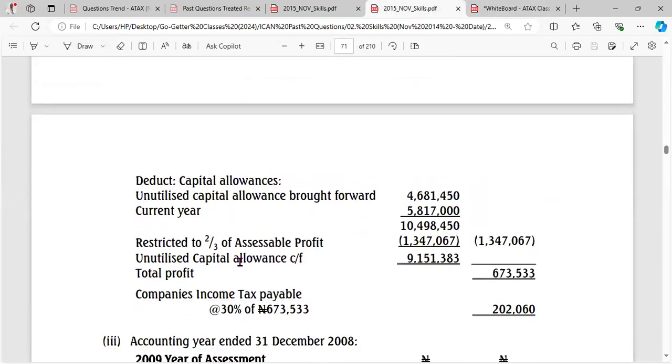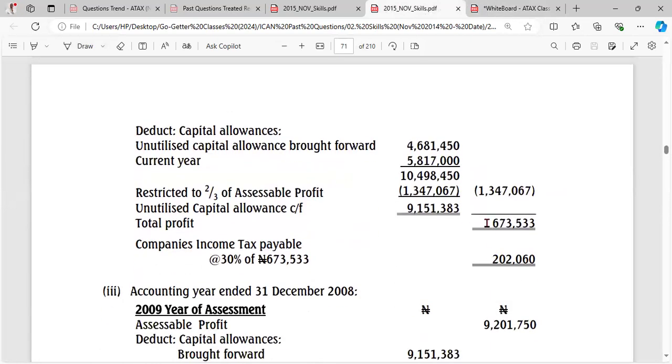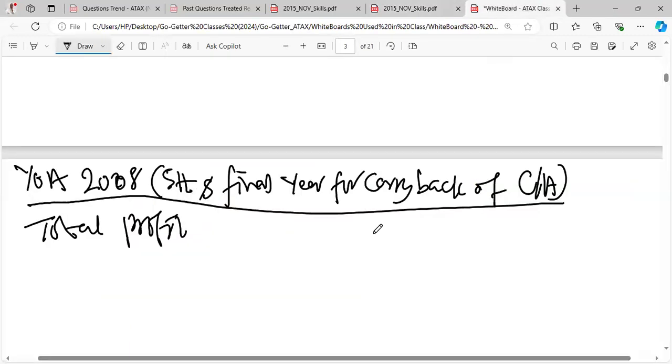So your total profit here will be 673,533. That's your total profit.